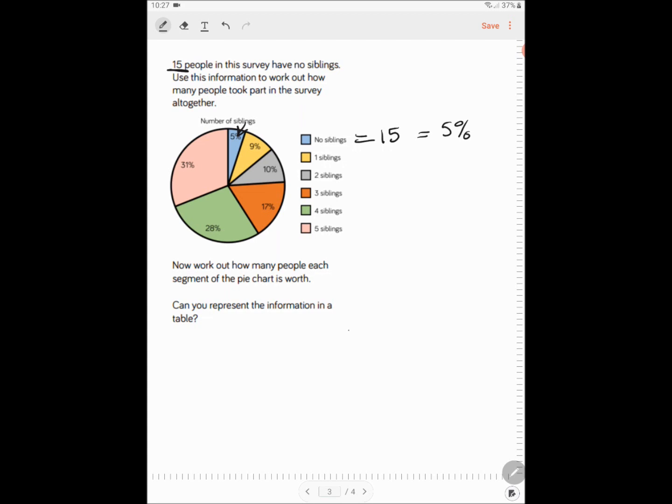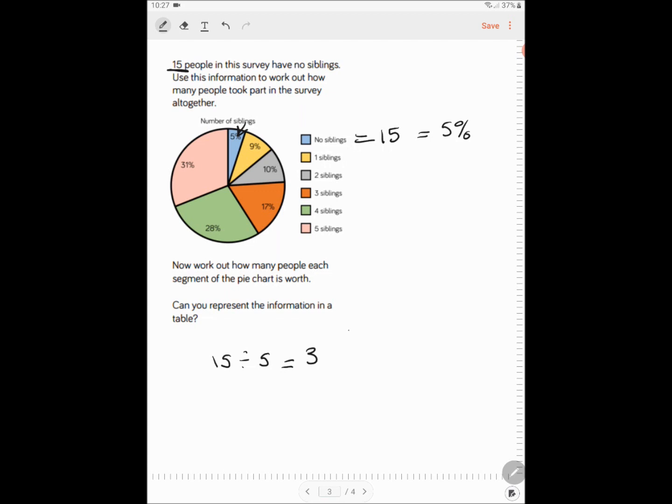Okay, we've got to use this information to find out how many people took part in the survey altogether. So we need to find the 100%. One of the straightforward ways of doing that is, we know that's worth 5%. So I'm going to do 15 divided by 5 to find 1%, which will give me 3.